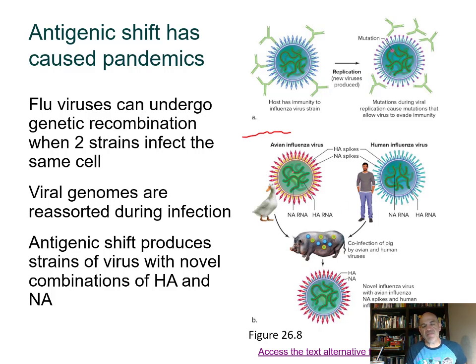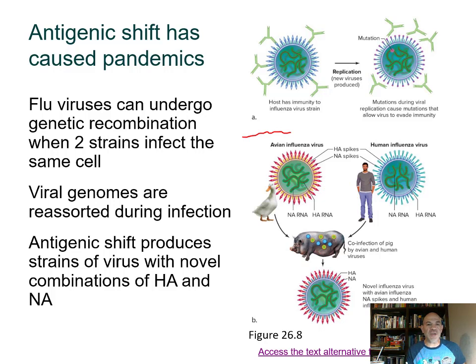And remember that this is a segmented virus, so there's 8 pieces of RNA in there, and 8 pieces of RNA there. And so when these viruses are being replicated within the cells of the pig, it's possible that the new viruses that are being produced within the capsid end up getting some variable combination of the two types of RNA segments that are there.